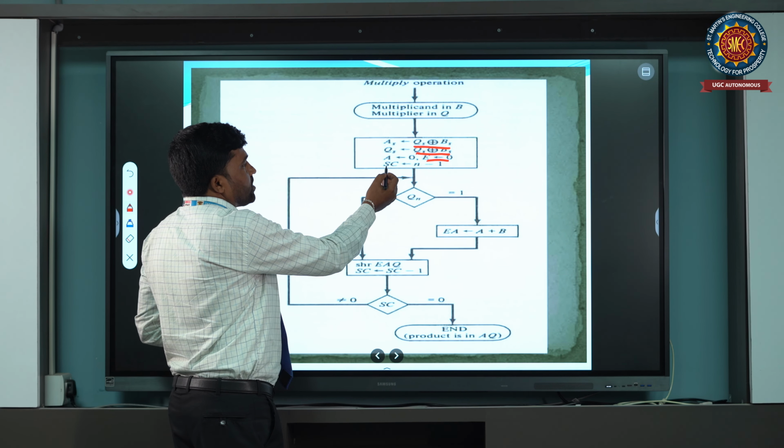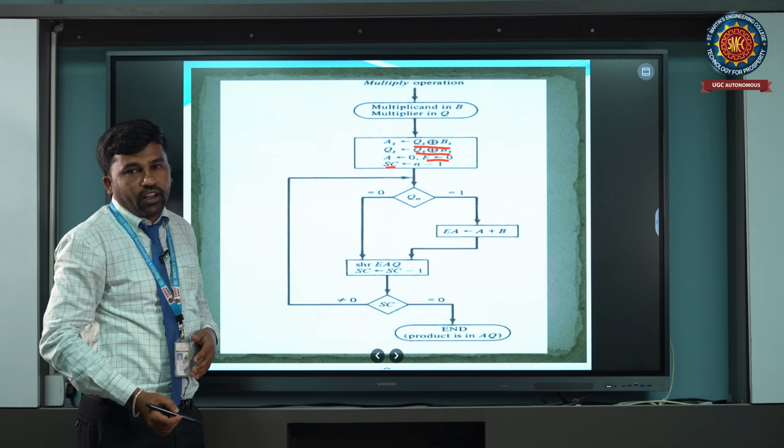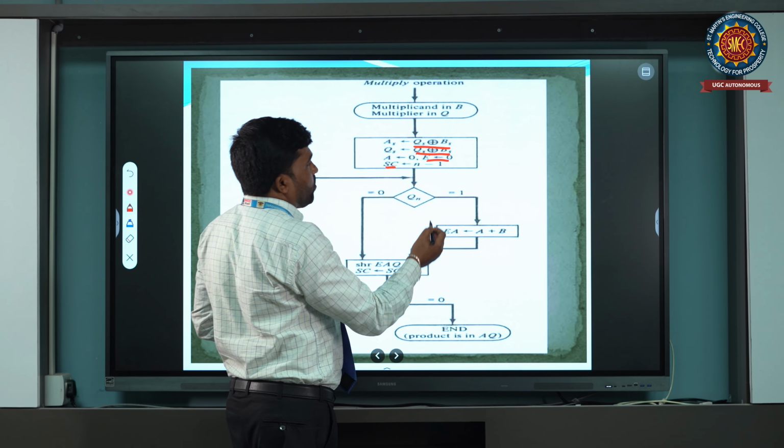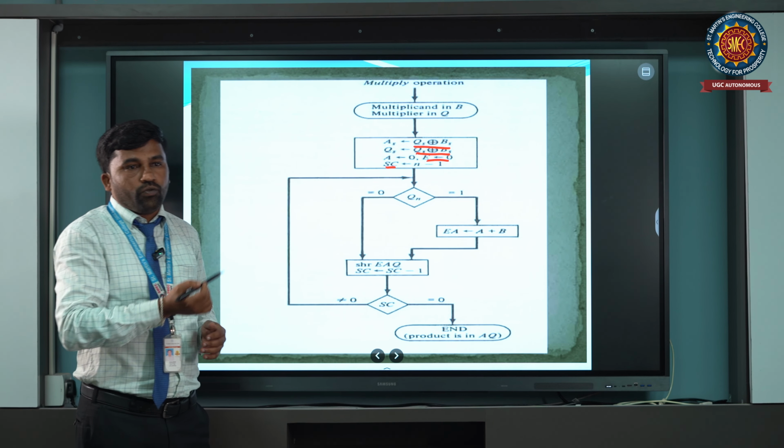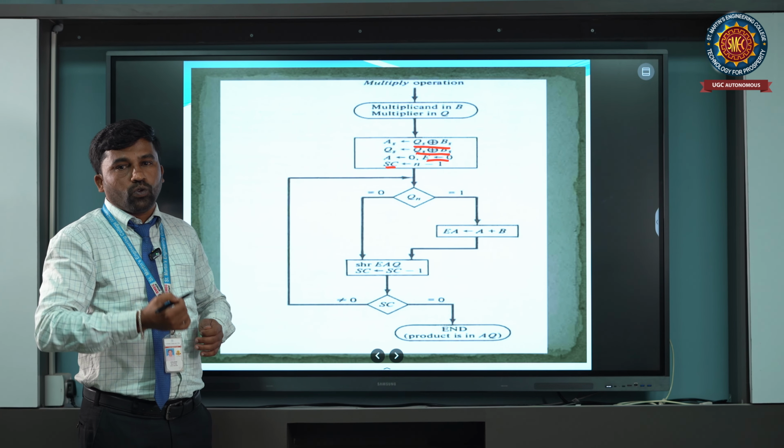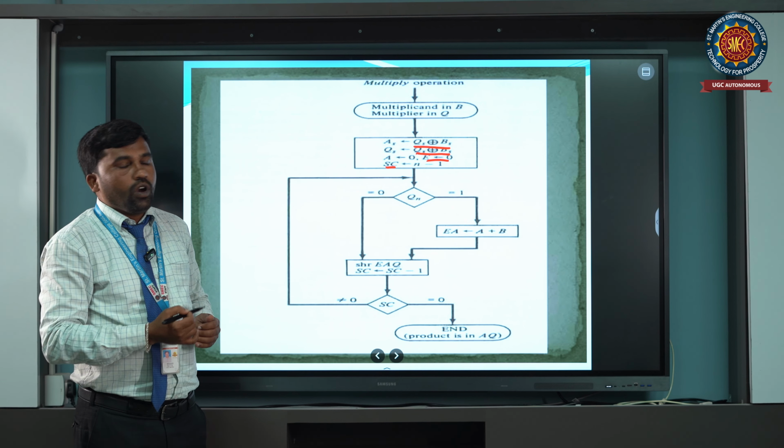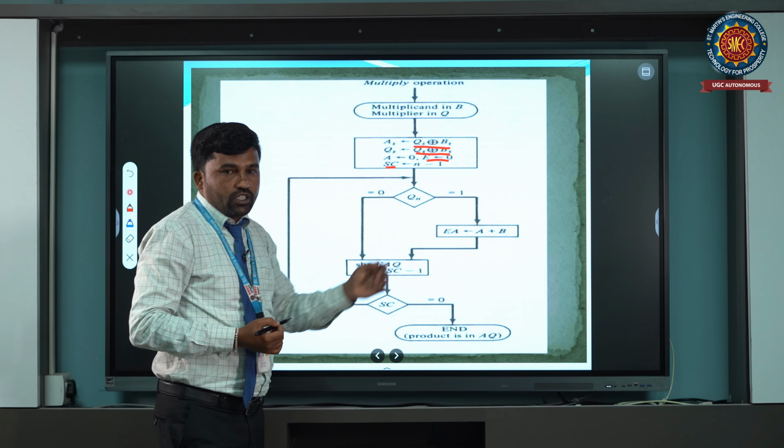The sequence counter counts n minus 1 operations. For example, we have taken 5 bits, so it goes 5 to 4, 4 to 3, 3 to 2, 2 to 1 and 0. Up to 0 the process is done using the sequence counter.